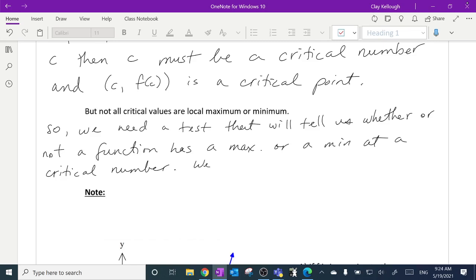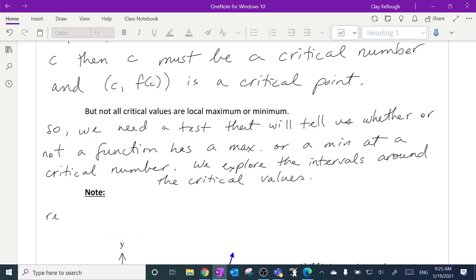So we explore the intervals around the critical values. And that's the test.